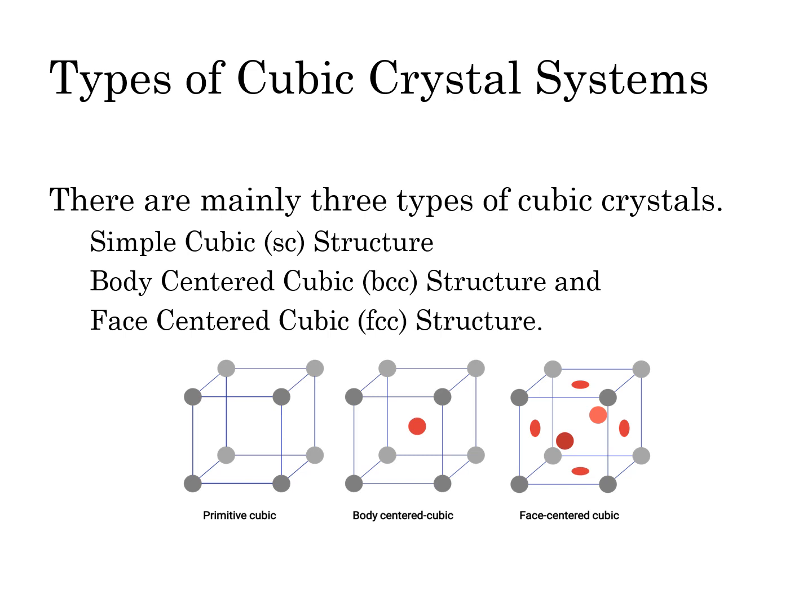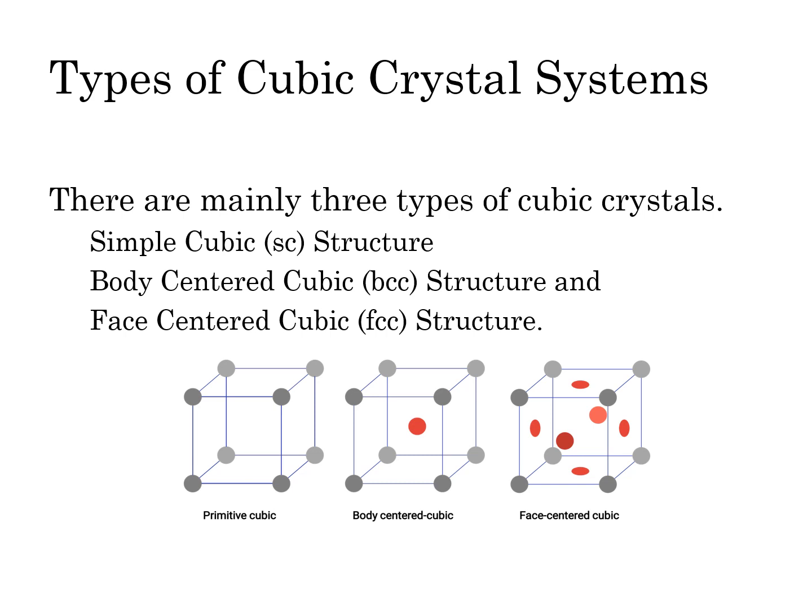Types of cubic crystal systems. There are mainly three types of cubic crystals. One is simple cubic structure, second one is body-centered cubic structure, and third one is a face-centered cubic structure. Simple cubic structure is otherwise called as a primitive cubic cell.